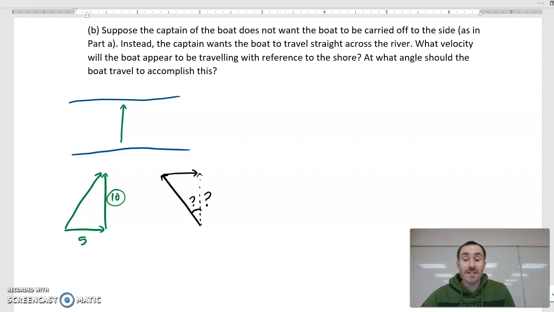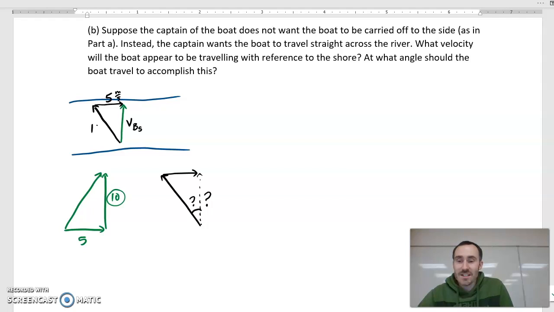Okay, this is a right-angled triangle still, right? So this is where we would be heading. That's the velocity we can actually sail with. This is the velocity of the river, that 5 meters per second. And then this will be our resultant, the velocity of the boat relative to the shore.